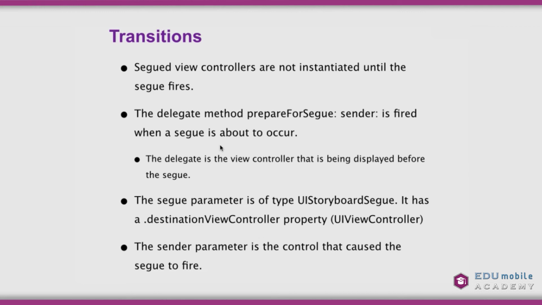The sender parameter is the control that actually fires the segue. So if we have a button that displays a new view controller's view, then that button is the sender. That sender property comes across as an id, and we need to cast it to the type of whatever the control is that sent the segue.